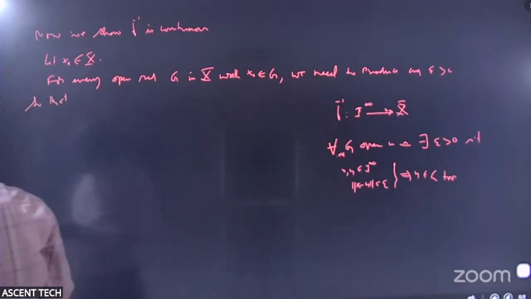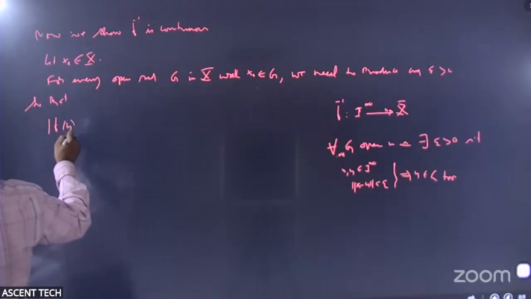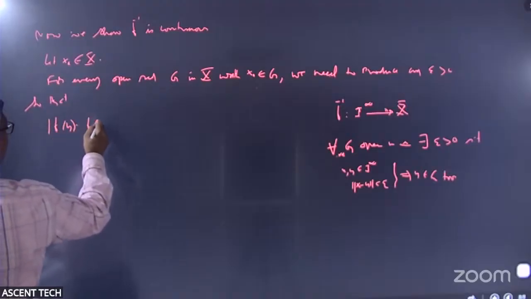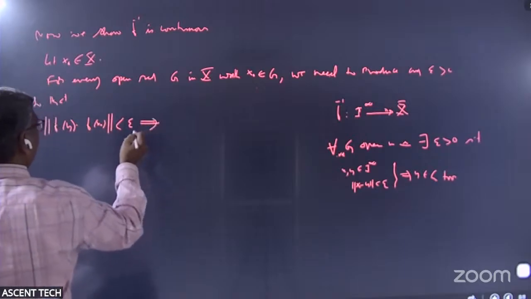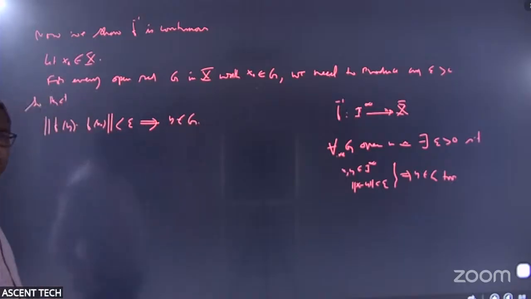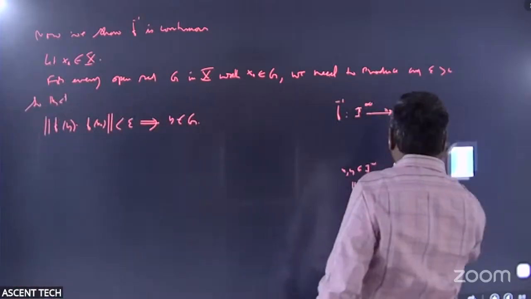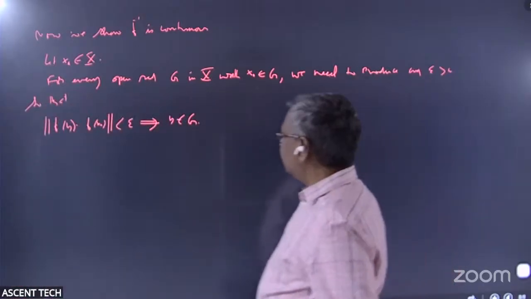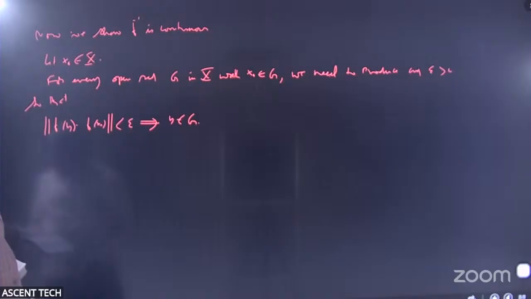So that |f(y) minus f(x naught)| less than epsilon implies y is in G. That's what we have to prove. Very good. So let's prove that. Very interesting.